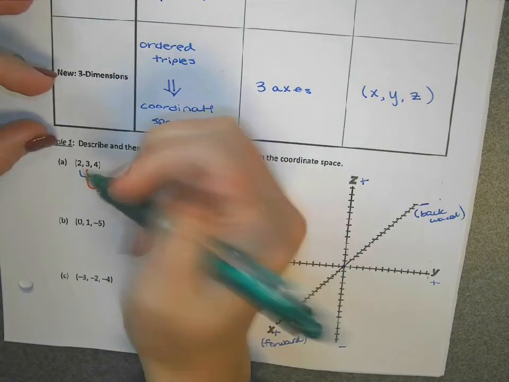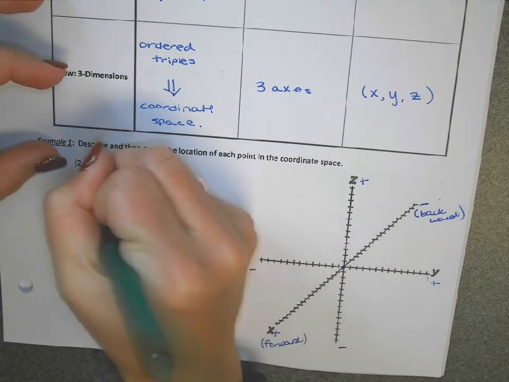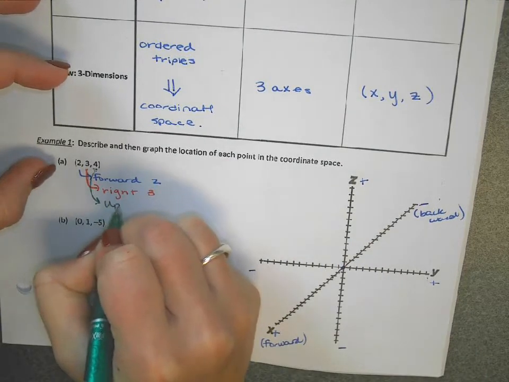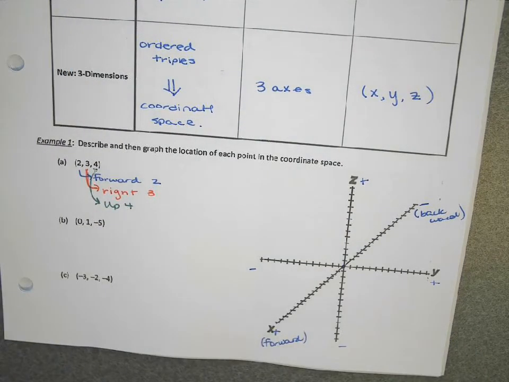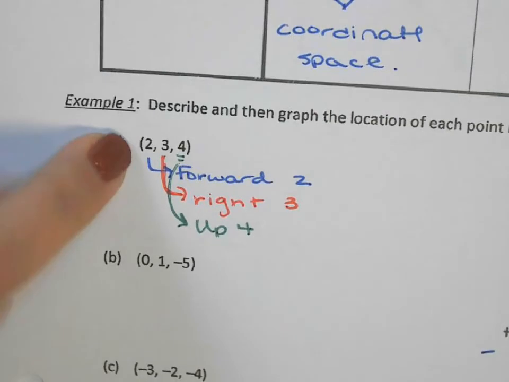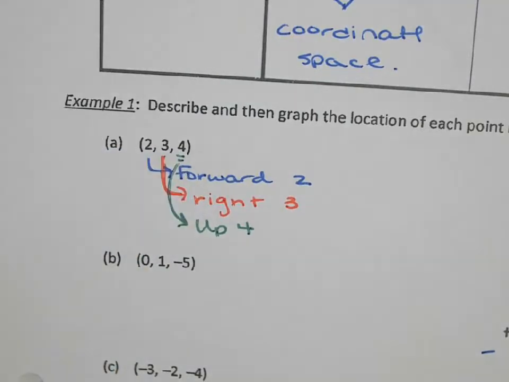The 4 is your Z. Positive 4 is up, so I'm going to move up 4. So the first number is always going to be forward or back. The middle number is always going to be left or right. The last number is always going to be up or down.